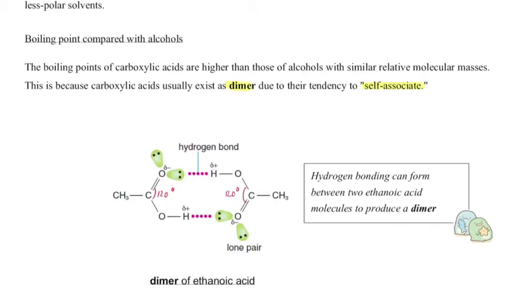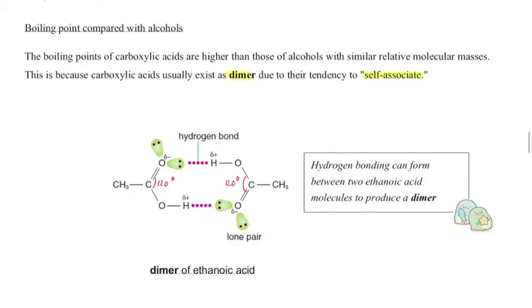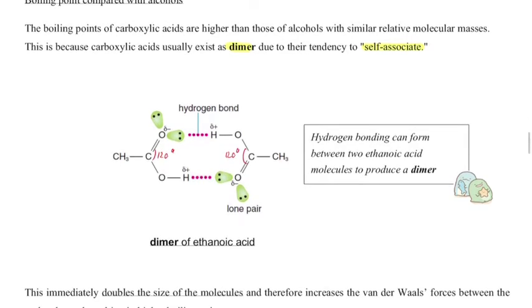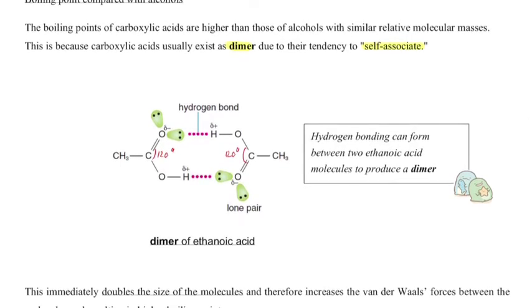So it will be perfectly aligned to form hydrogen bonds to each other. Two carboxylic acid molecules will be joined together, and hence form a dimer which has a larger size. So it would form stronger intermolecular forces, and it will increase the boiling point.